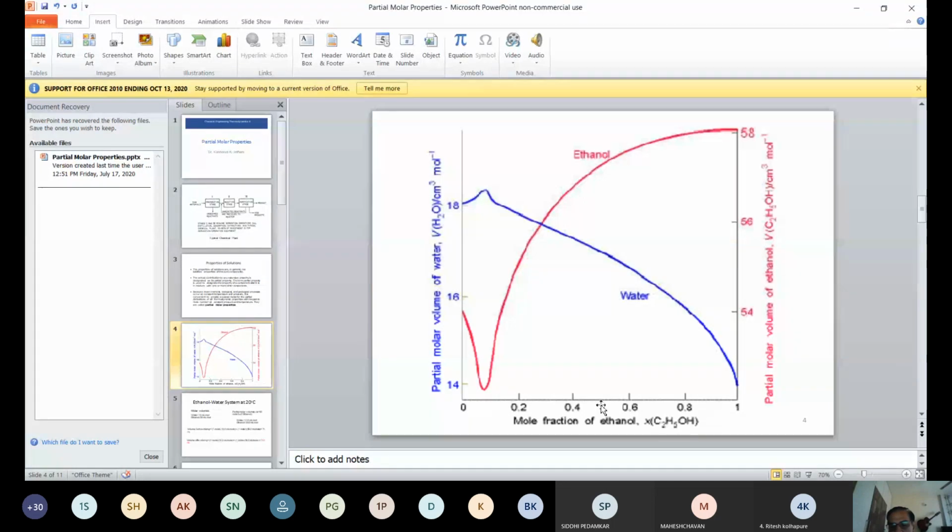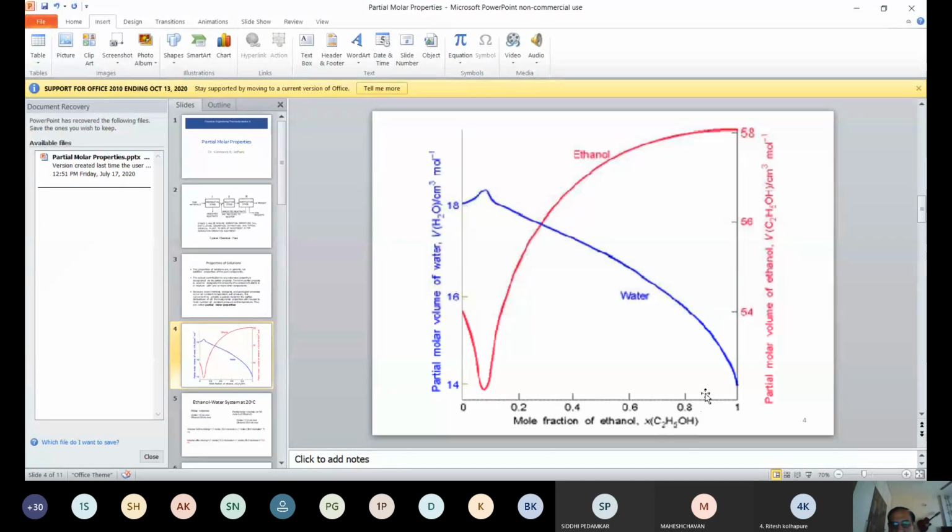If it takes say 50% or 40% ethanol in water, then the partial molar volume of water is around say 17.3, and that of ethanol is around say 56.5. So it will keep changing depending on the solution concentration, because the environment is different. At 20% ethanol, 40% ethanol, 60%, 80%, everywhere the environment is different.